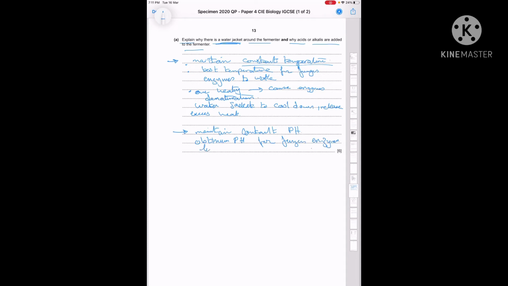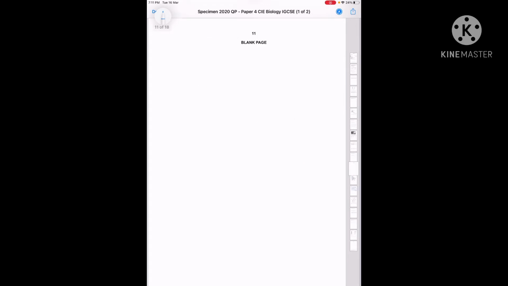This will help to maximize the yield of this reaction, or maximize the rate of the reaction inside this container.